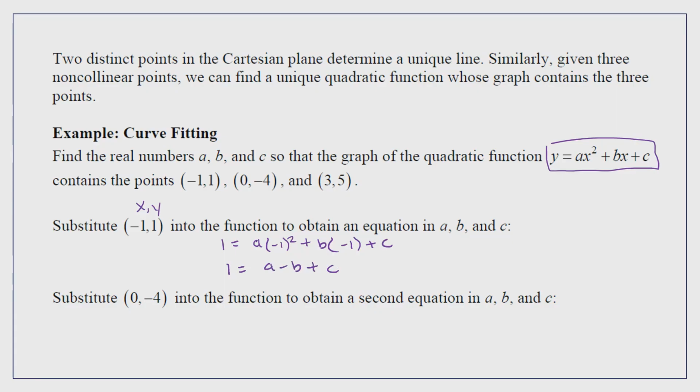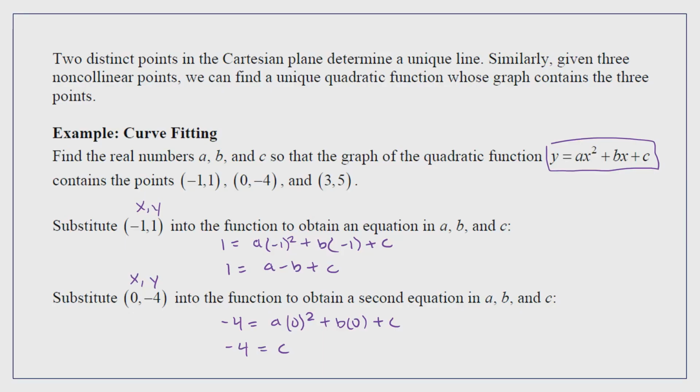Okay. So now we're going to substitute in 0, -4 into the function to obtain a second equation in a, b, and c. So we have our ordered pair. So we'll substitute in y, which is -4. So a times 0 squared plus b times 0 plus c. So -4 equals c.